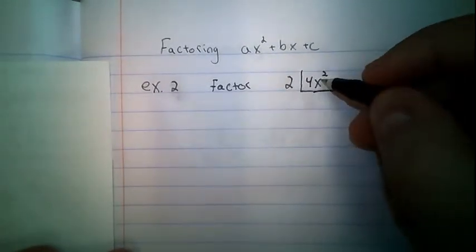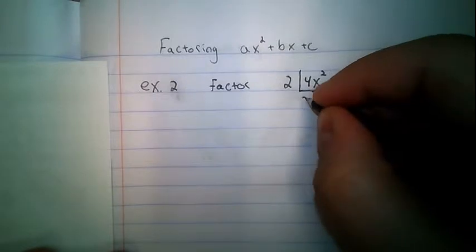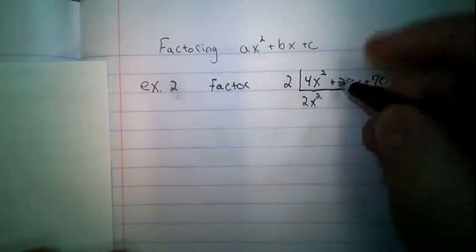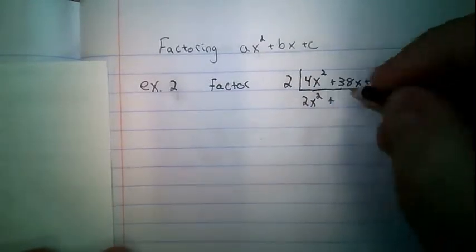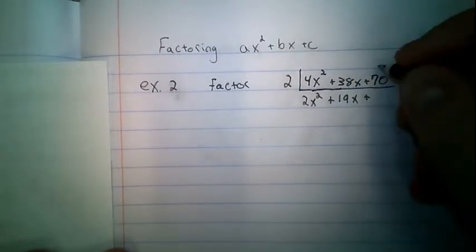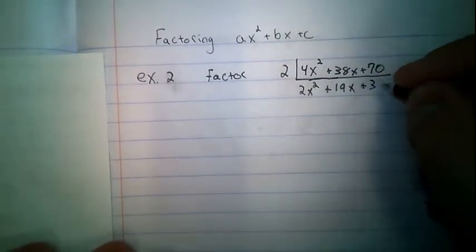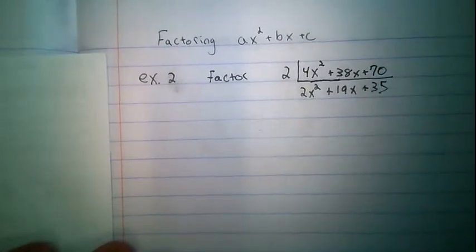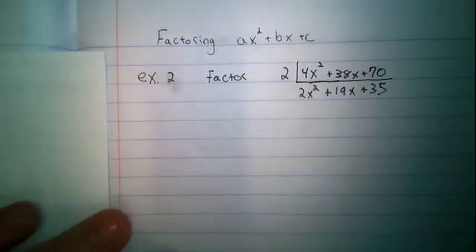So 2 goes in 4x squared, so that's 2x squared plus 38 divided by 2 is 19, so 19x plus, and then half of 70 is 35. So 2x squared plus 19x plus 35.